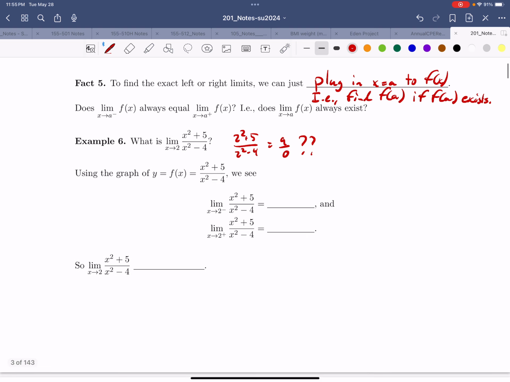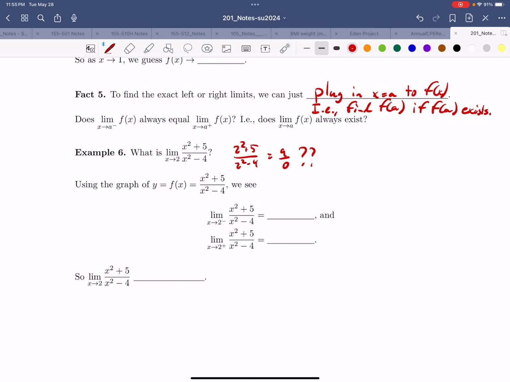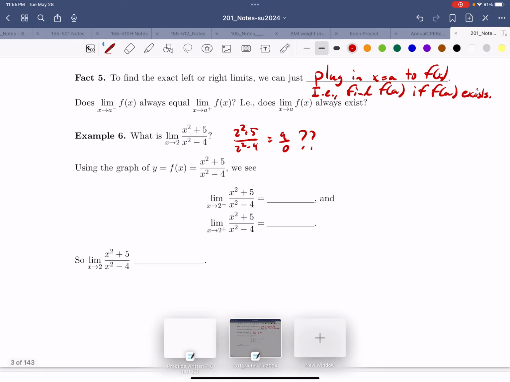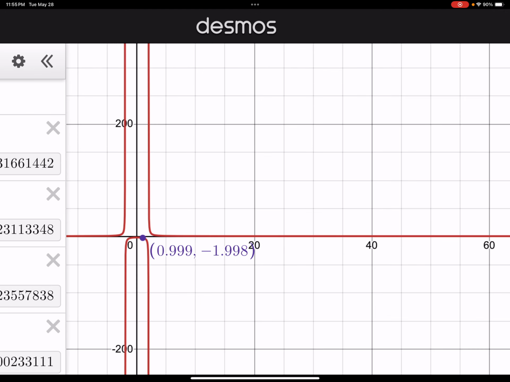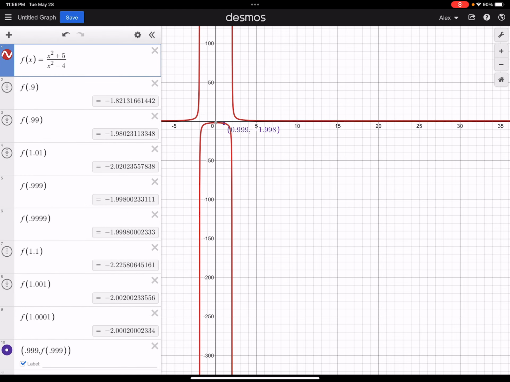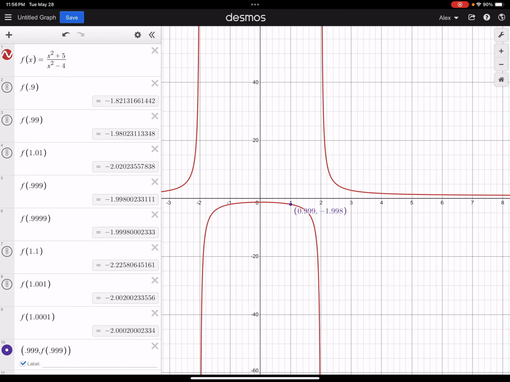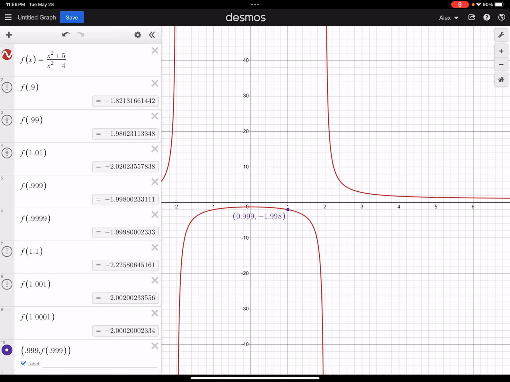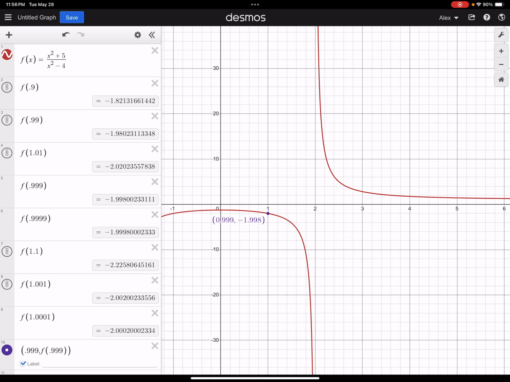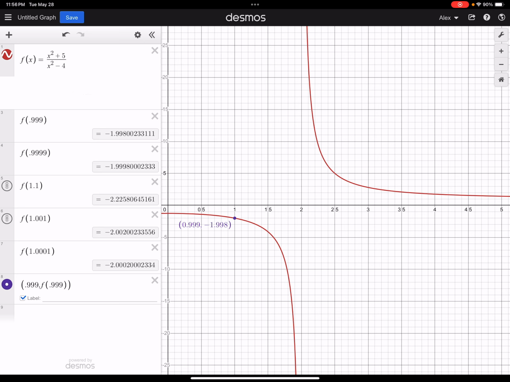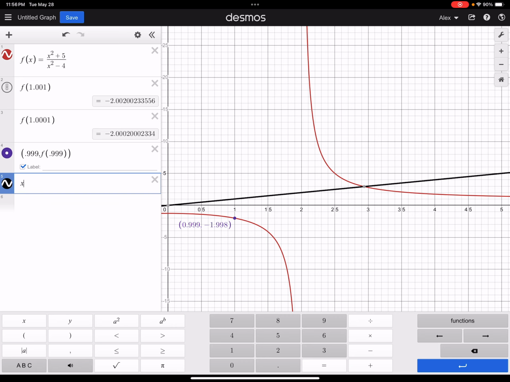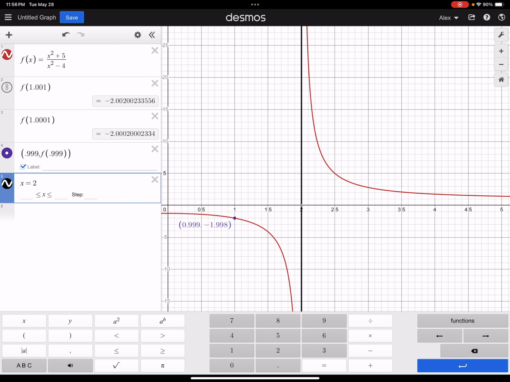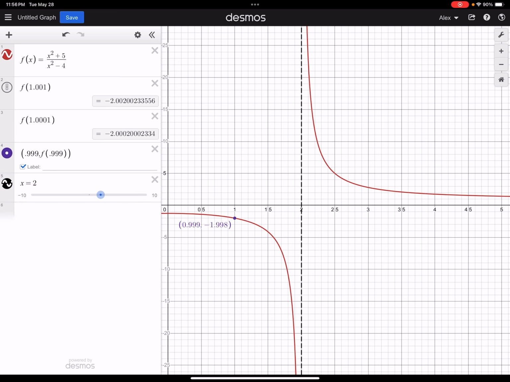Okay, well, then I guess we have to go back to the graph, right? If we take a look at the graph, what is happening as we are approaching 2? Let me just get rid of some of these. If we just have the line x equals 2, maybe we make this a dotted line. We see that if we approach it from the left, it looks like we're approaching negative infinity.